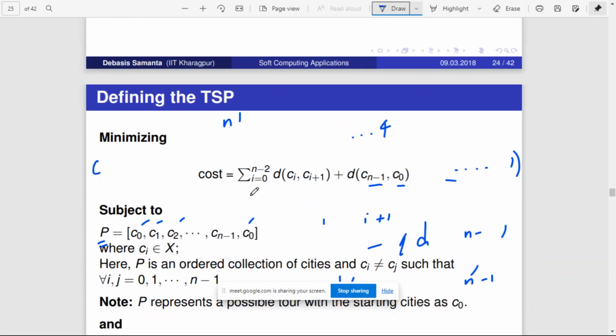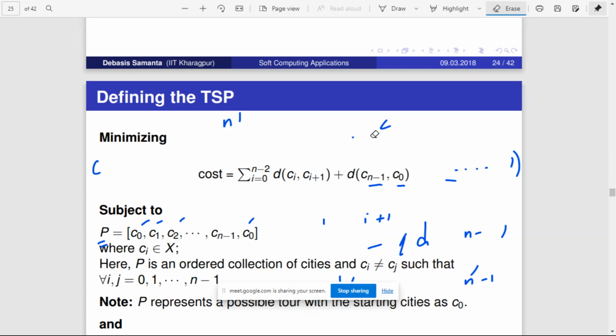So that's it about this ordered encoding, right? Could someone summarize what is meant by ordered encoding? What do we have to find in ordered encoding?